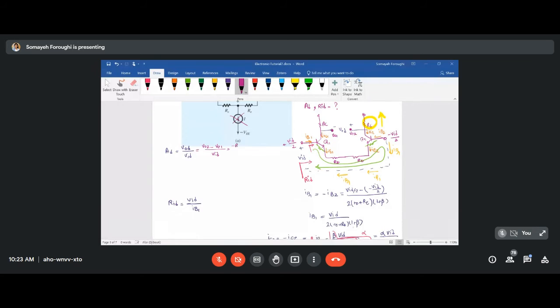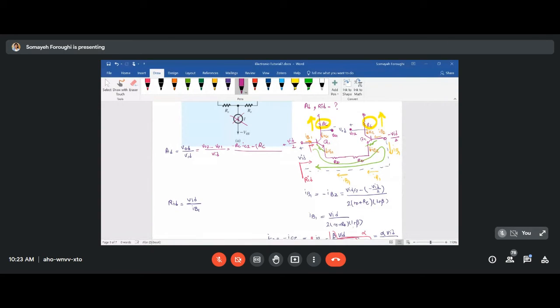So it will be negative RC times IC2 minus, what is VO1? Again, VO1 is the voltage across the RC on the left collector, but it should be multiplied by the current passing towards the ground, which is opposite of IC1.